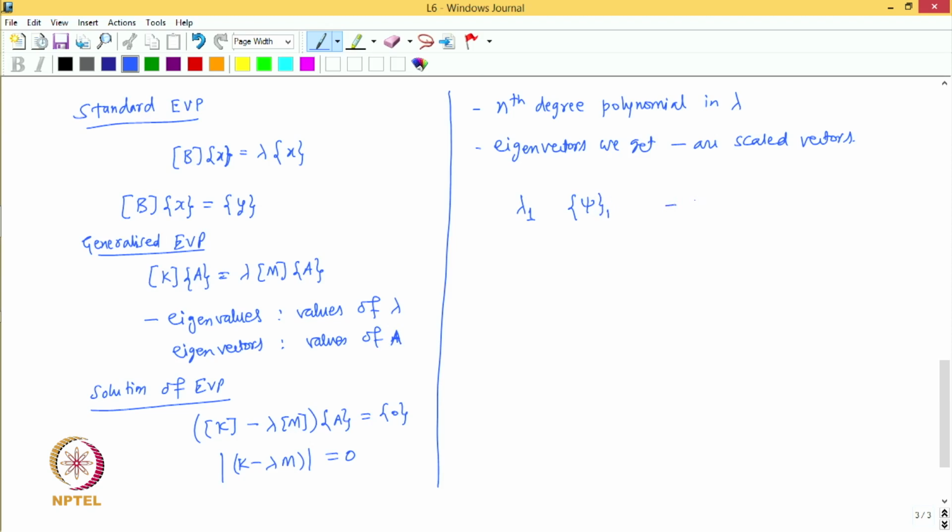So this is the first eigenvalue eigenvector pair. Similarly, we have lambda 2 as the second eigenvalue, and let us say psi 2 as the second pair. Okay.